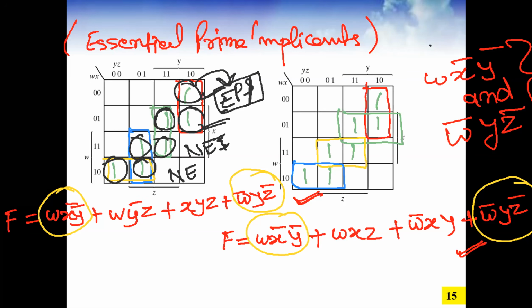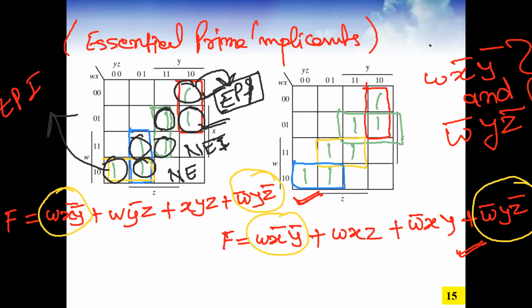So in yellow, again, we did not find any other way to combine this particular minterm. Because of this minterm, this prime implicant becomes an essential prime implicant. So what I find here are two essential prime implicants, the yellow color and the red color. Hope it is clear to all of you.